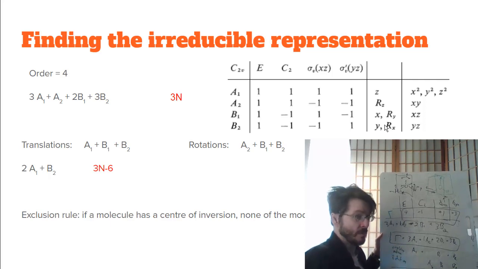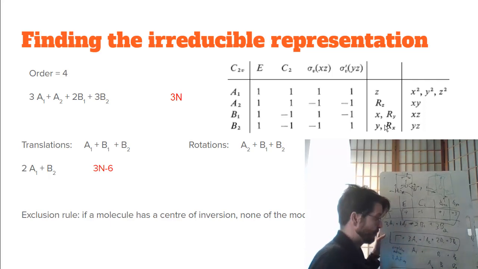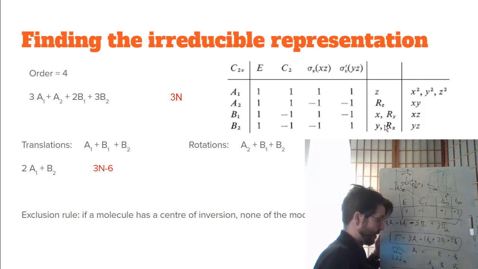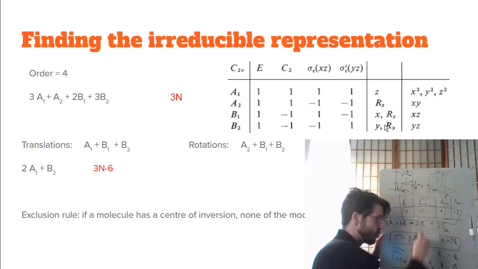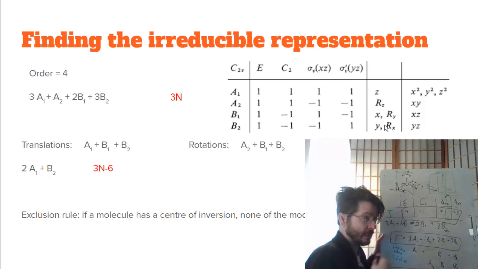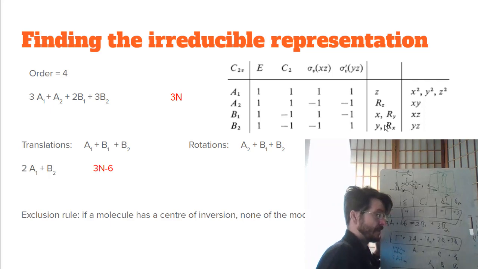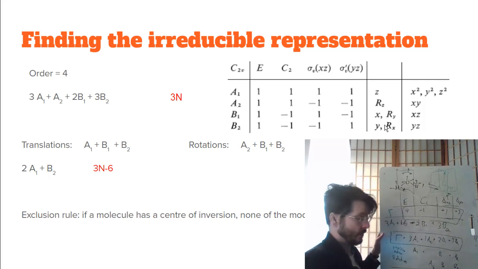Now, to assign those modes, you would have to look at the actual vibrations. All right? But what this allows us to do is, from just the structure, determine how many vibrations are valid. On top of that, because of other exclusion rules, we can talk about some that are IR active and some that are Raman active.